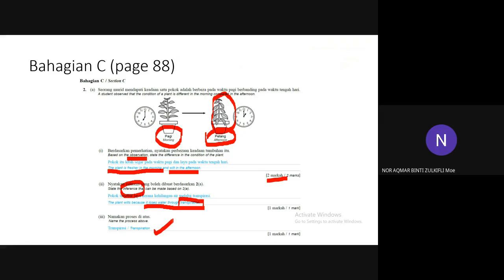You can choose between these 4 factors. Maybe you choose light intensity, or you can choose air movement, temperature, or air humidity. You can choose one only for transpiration. That's all for class. Thank you.